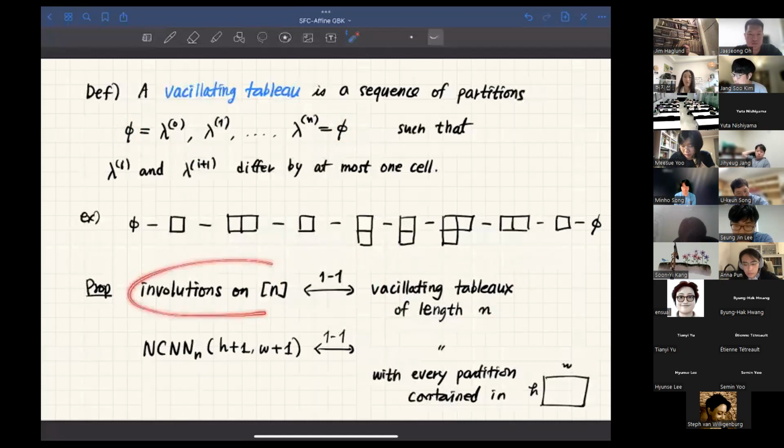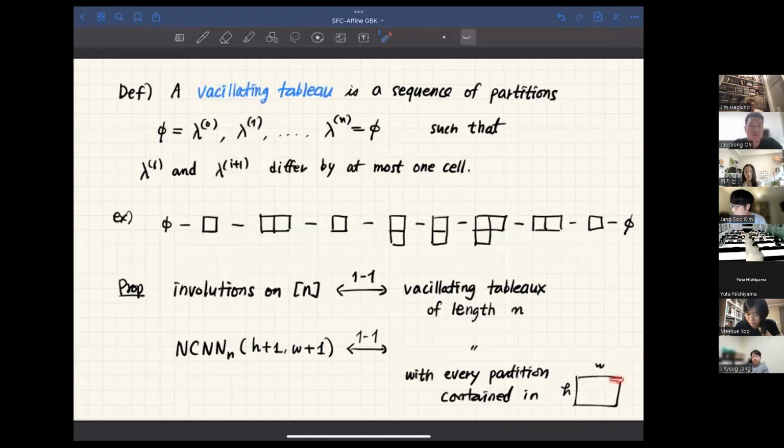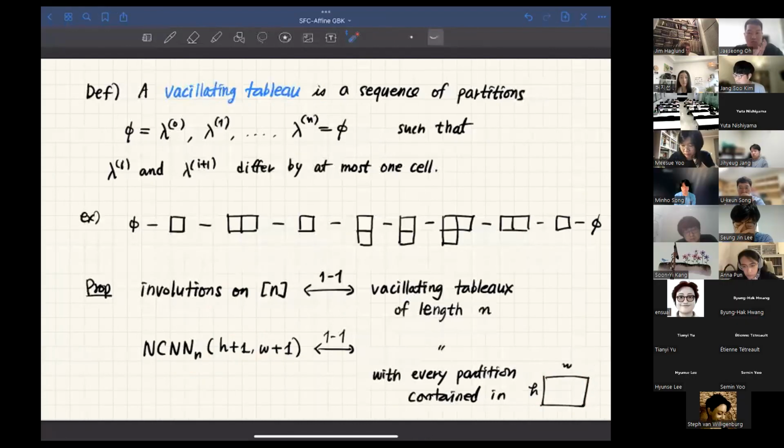And there is a well-known bijection between involutions and vacillating tableaux of length n. And I told you involutions are basically matchings. So H+1 non-crossing, W+1 non-nesting involutions under this bijection correspond to a very nice and simple condition on the vacillating tableau, namely every partition is contained in this box. Again, this can be understood as a sequence of partitions, which is again just a lattice walk.